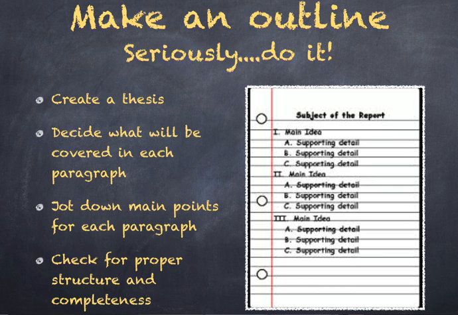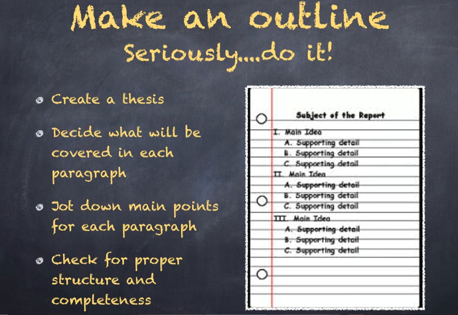So you're going to take some time to decide what will be covered in each paragraph. Then you're going to jot down some of the main points that you're going to use for each paragraph. You should be pretty well aware of the direction that your argument, or whatever paper you're writing, is going to take. And then you're going to check and see, okay, is the organization right?